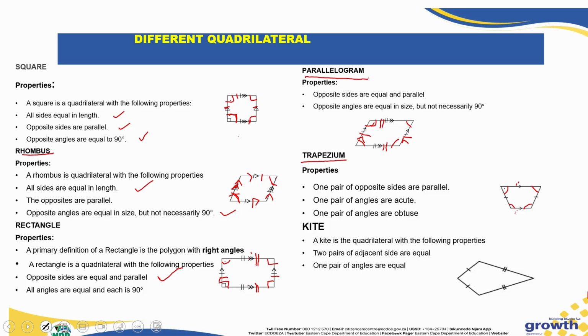We have the last one, which is a kite. We know this one. We play around with it. Now, what is different about the kite is that the kite is having two pairs of adjacent sides that are equal. What do we mean by adjacent sides? The sides become adjacent when they are intersecting at a certain vertex. These two sides are intersecting at this vertex.